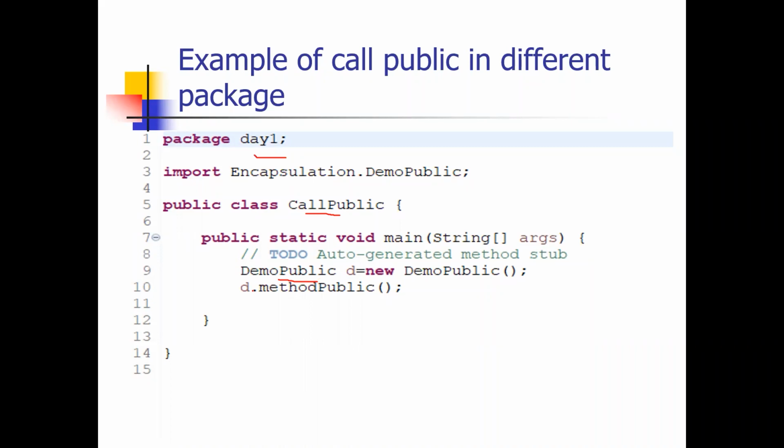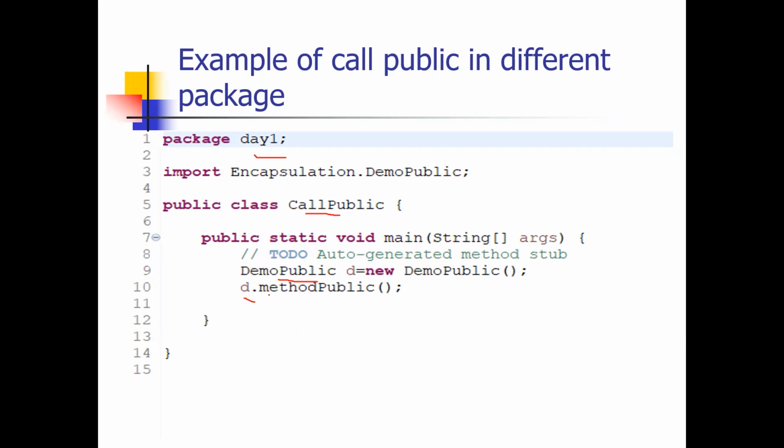Okay. We can call a class of a different package in your current package, and then also it works. Understood now? See what will happen when you run this code. D means Java understands D is an object of demo public. It will first try to find the demo public class in the same package. But if it does not find it in the same package, then it will try to find it in a different package. Okay.